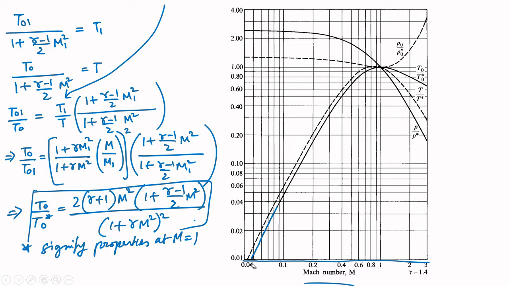So suppose you are at a Mach number of 3, M is equal to 3. That will tell you T0 by T0 star is given by about, what is this value? This is about say 0.65.